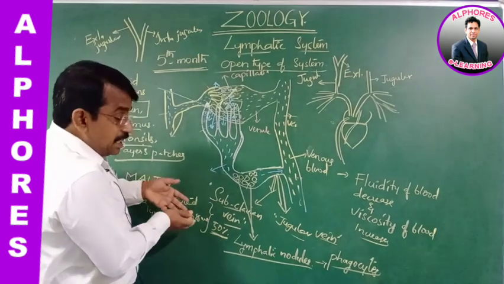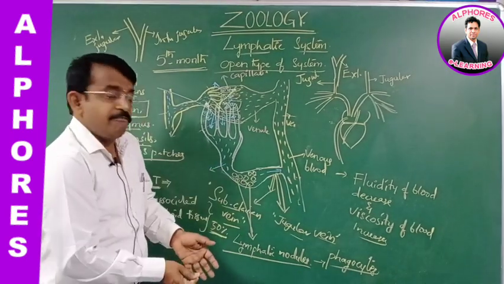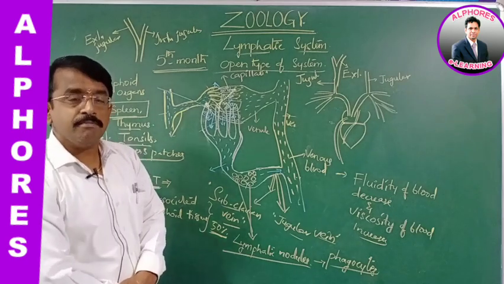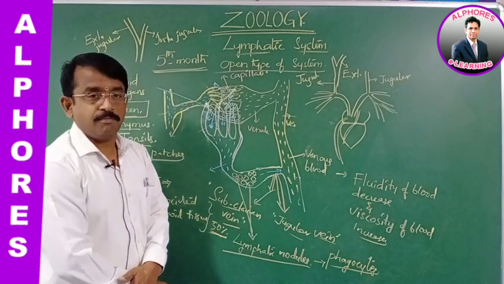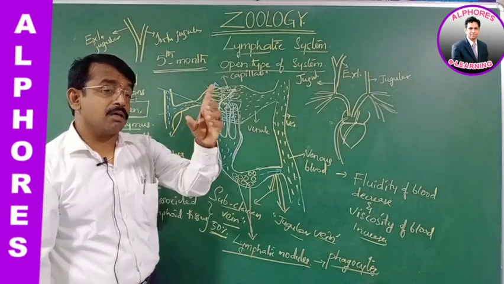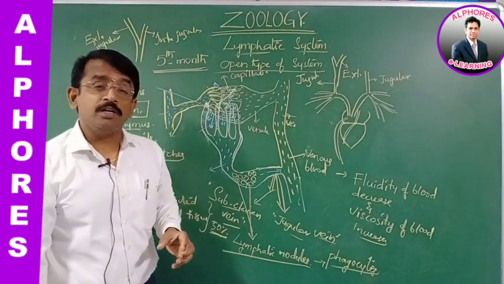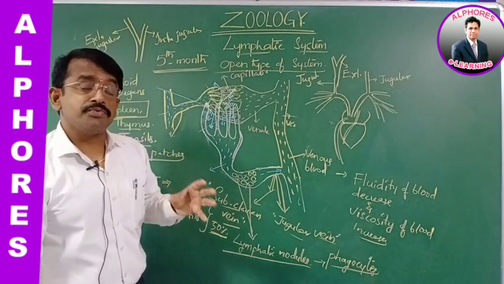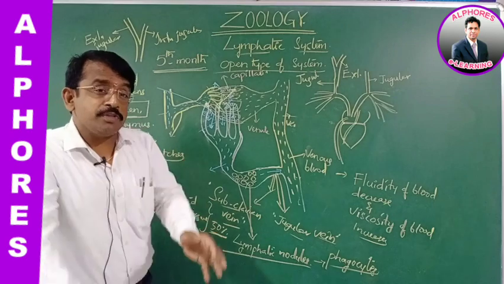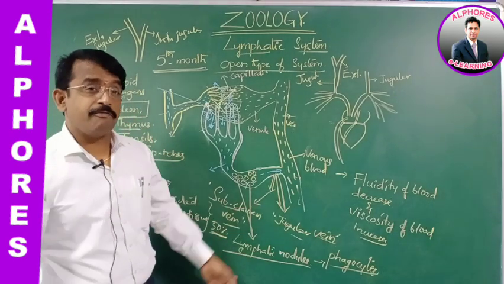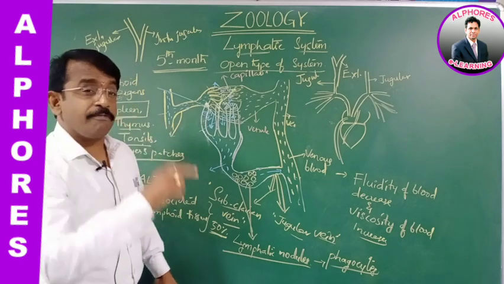As the lymph flows through these lymphatic nodules, recall that we have discussed that there are nodules all along the length of the small intestine, but in the ileum region you find bunches of nodules, called Peyer's patches, secondary lymphoid organs, which produce the phagocytes.